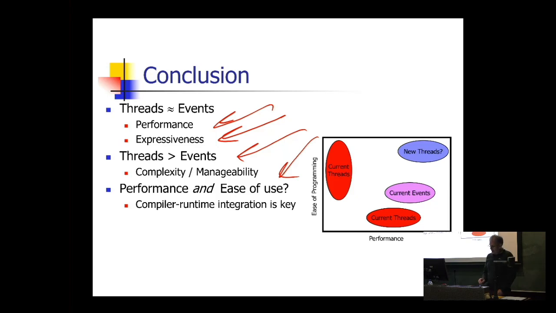And that they might be able to get the performance and the ease of use of events by improving compilers and the runtime environment that manage threads. So the question now becomes for you, which of the two models are you going to use for the project? Because largely it ends up being sort of two worlds.